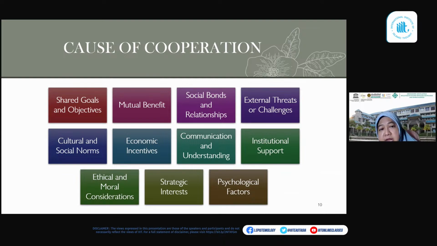And that can only be done when everyone cooperates. Another cause of cooperation is institutional support. International organizations such as the United Nations need to foster cooperation between countries in order to facilitate the need to help other countries. Every member of the United Nations needs to play their role and to cooperate.